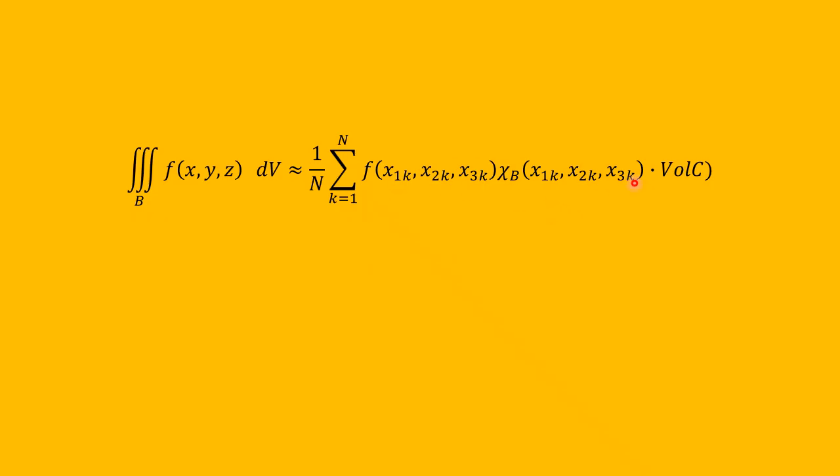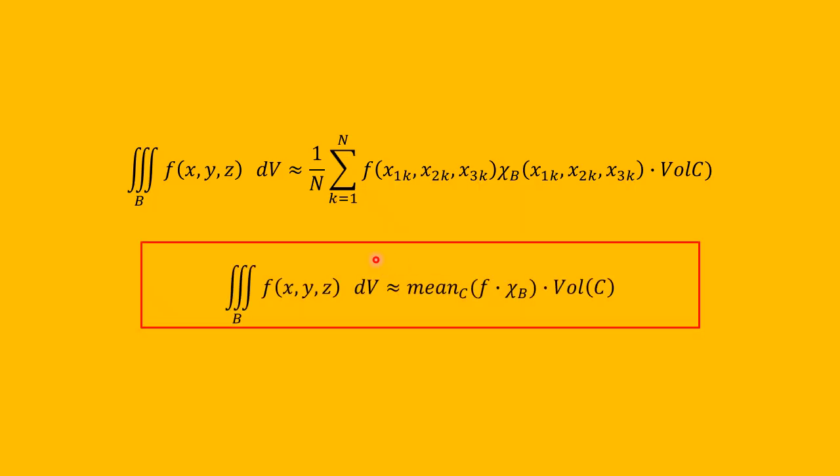So if we look at this stuff here, we can interpret it the following way. The integral that we have here is going to be the mean of this stuff.